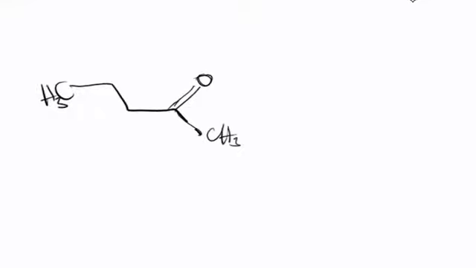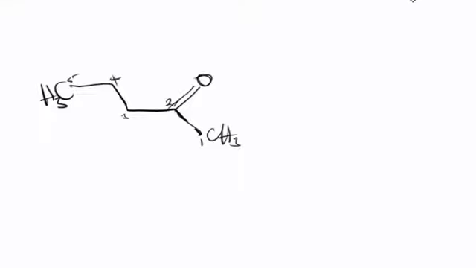If I number these as 1, 2, 3, 4, 5, you will notice that my ketone will be at carbon 4. But if I number this way, 1, 2, 3, 4, 5, you will notice that my ketone group will be at carbon 2. So as such, I'll have to number it this way.